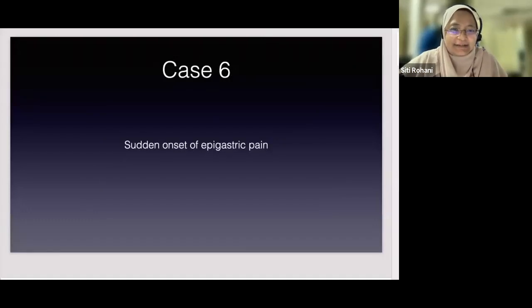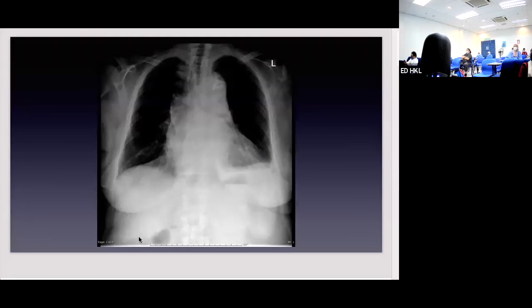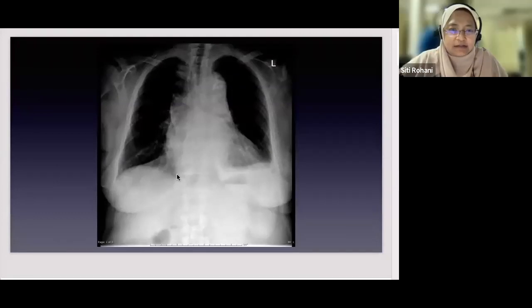Case 6, sudden onset of epigastric pain. Okay, this is tricky if we don't do our systematic review. The trachea is slightly deviated to the right, but you see the mediastinum is enlarged.